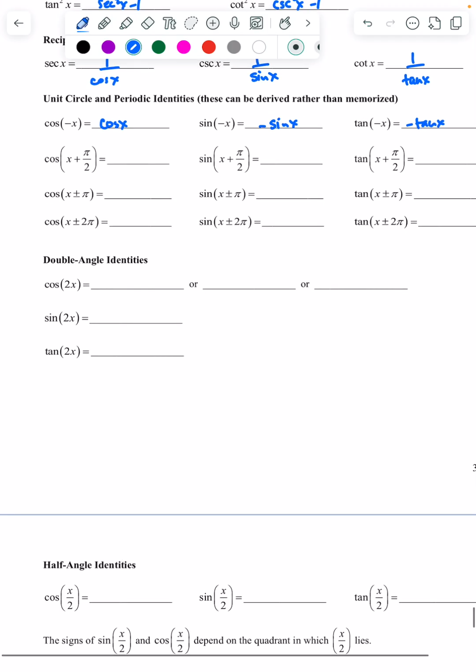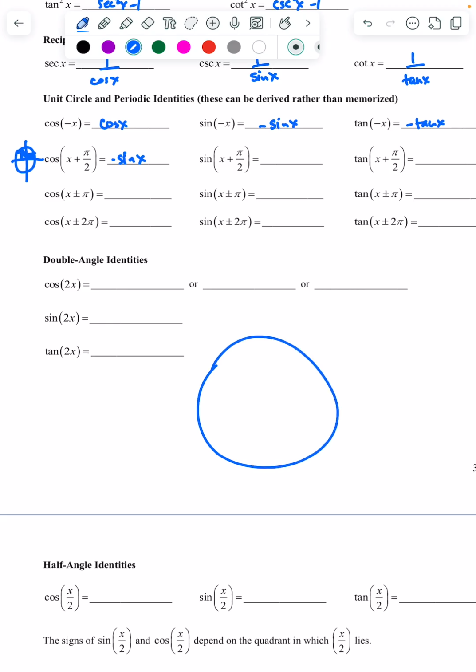Cosine of x plus pi over 2, I would like you to visualize those, right? Like if x is here and you're adding to it pi over 2, the cosine becomes what? Think about cosine of this. It's the opposite of sine, so it's negative sine of x. Sine of x plus pi over 2, so again, you can draw a triangle.